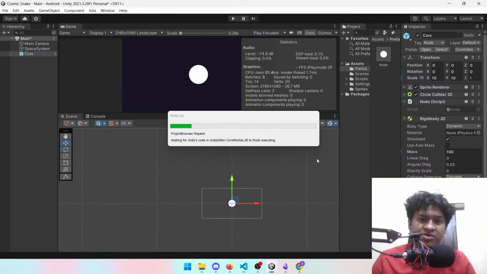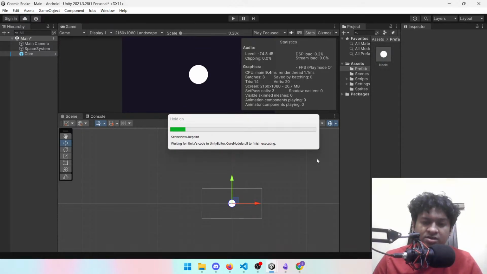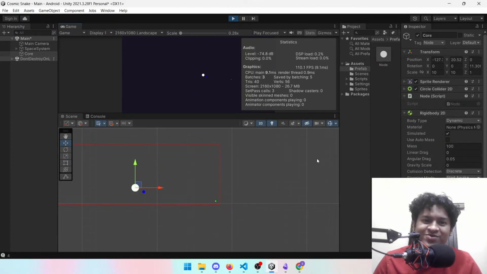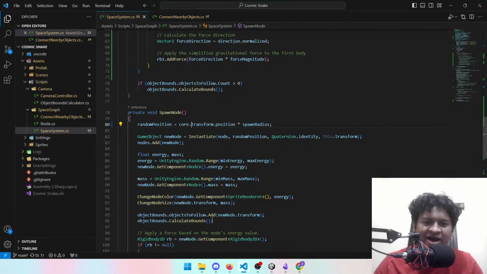They're all going to be probably spawned in one position, which is fine. Where are the other things coming from? Oh, it's being added.